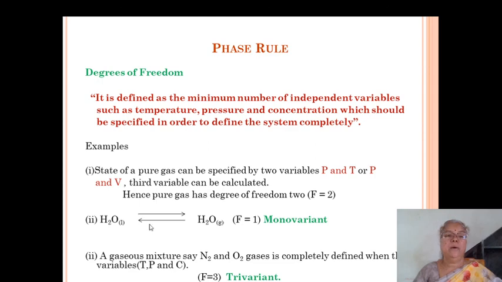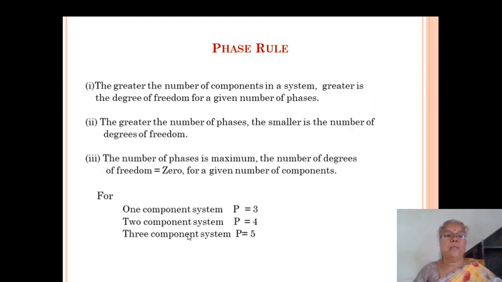That means when there exists an equilibrium between solid, liquid and gas, in this system we have no freedom to fix either temperature, pressure or volume or concentration of the system.